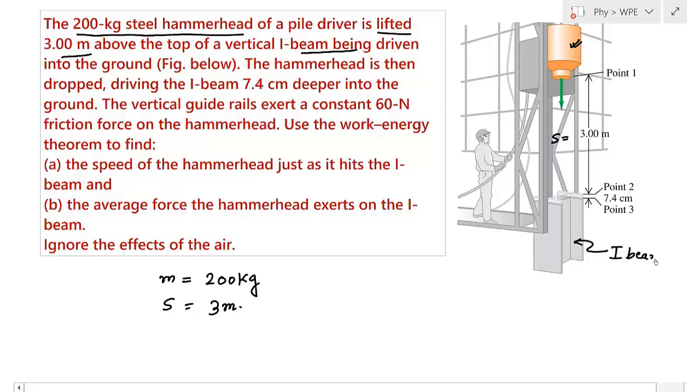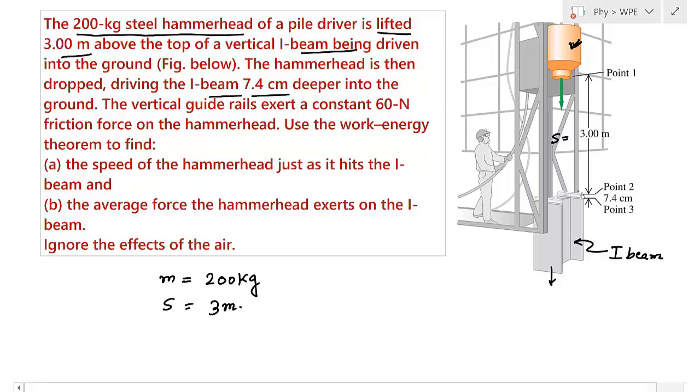So what is happening in this case? When this hammerhead falls onto this I-beam, this goes down into the ground. This kind of mechanism is often used to drive the I-beam inside the ground. So the hammerhead is then dropped, driving the I-beam 7.4 centimeter deeper into the ground.